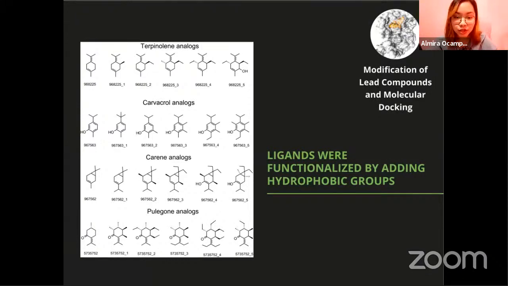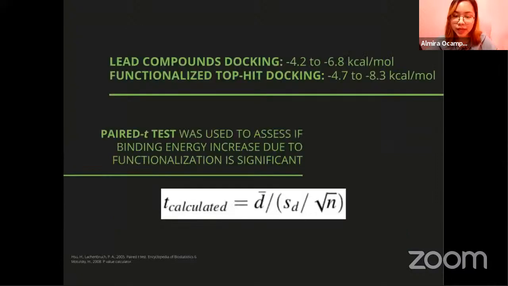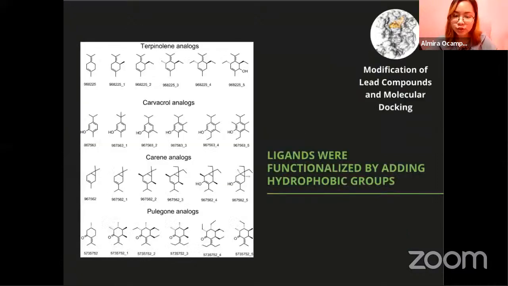So, the leftmost structures are the original structures of the four top hits, and the succeeding structures were where we added different hydrophobic groups. So, these structures were docked. We performed again ensemble docking to the protein to compare if there will be any difference when we add these hydrophobic groups to our monoterpenes.